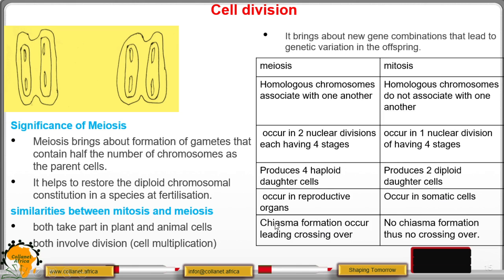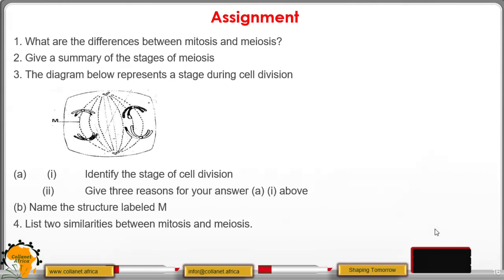Also, in meiosis there is chiasma formation, leading to crossing over that leads to exchange of genetic material. But in mitosis, there is no chiasma formation, therefore no crossing over, and then no exchange of genetic material.